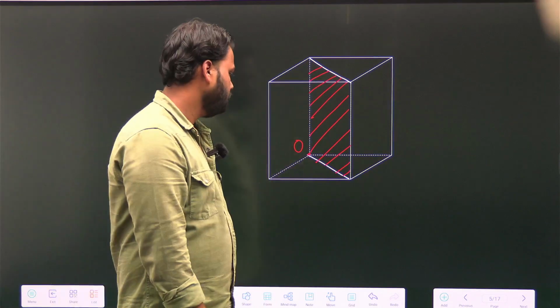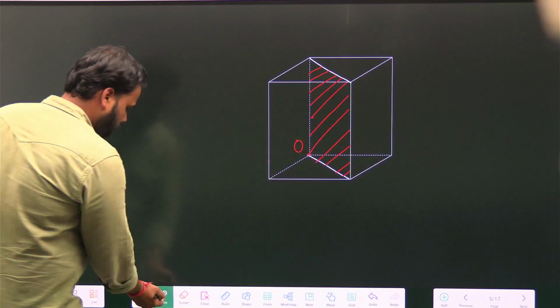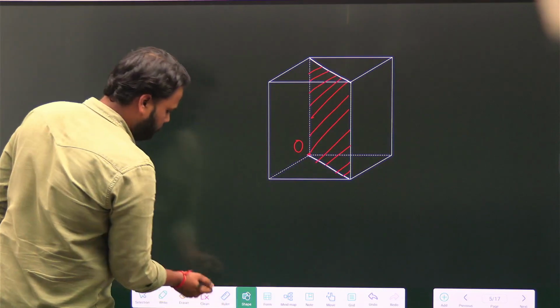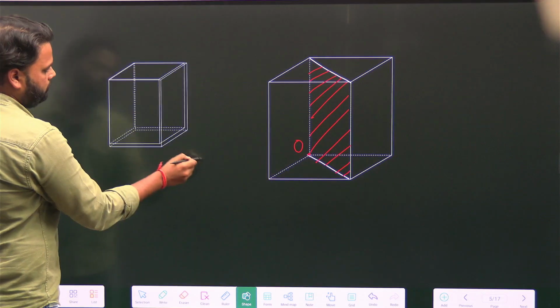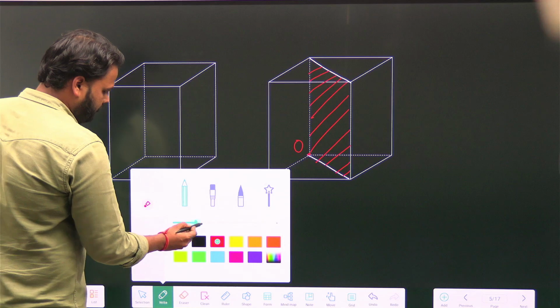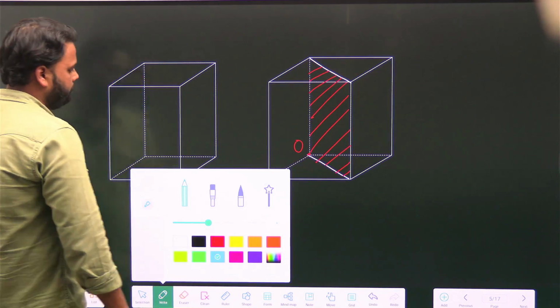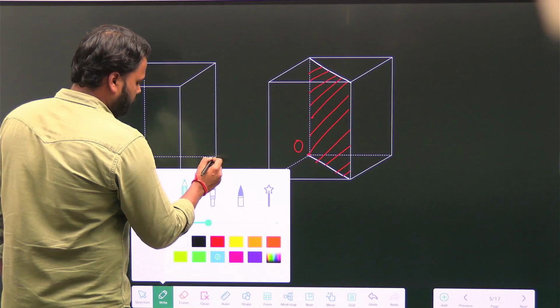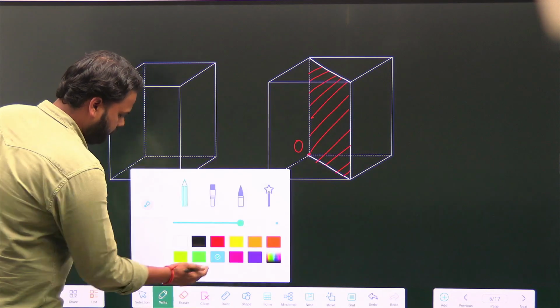Okay. See. Again, just draw the cube here. So it will be quite easy for you guys. ठीक है? Now, what we have done, we have shifted the origin. हमने origin को shift कर दिया. Let's put the origin here now. Here it is the origin, okay?